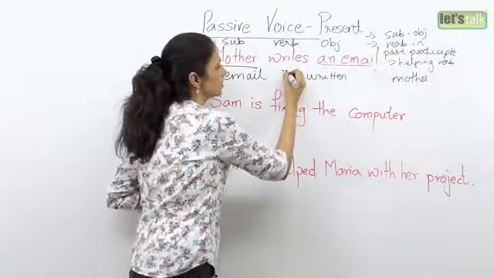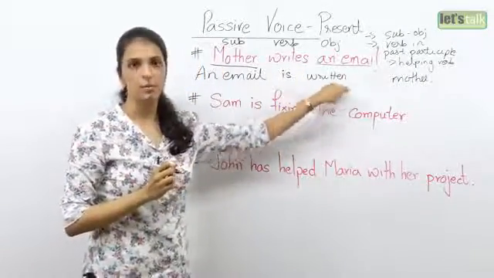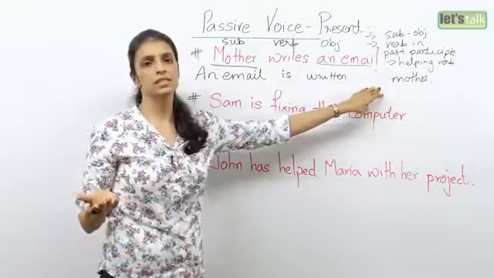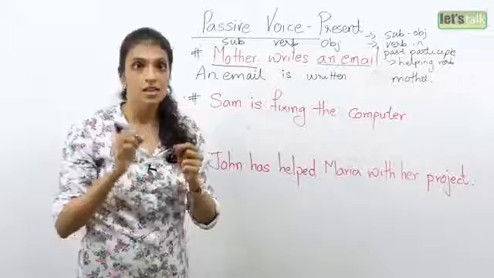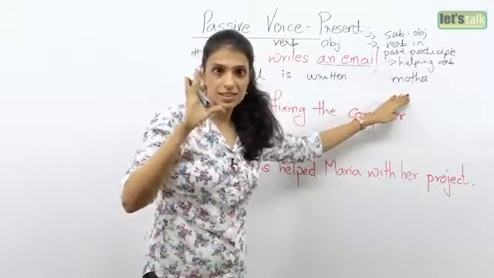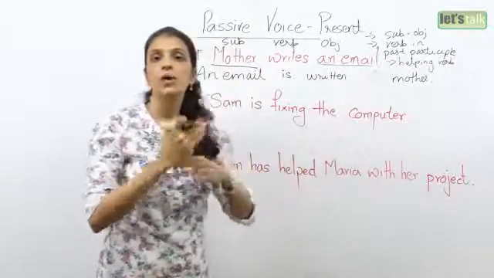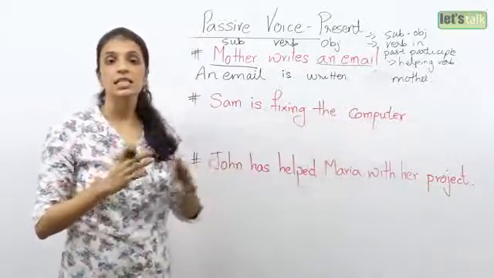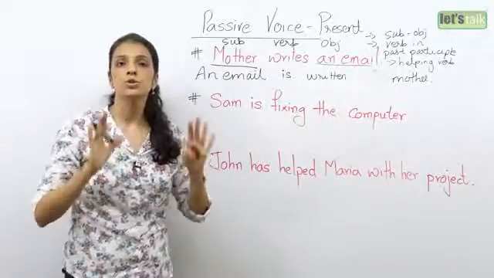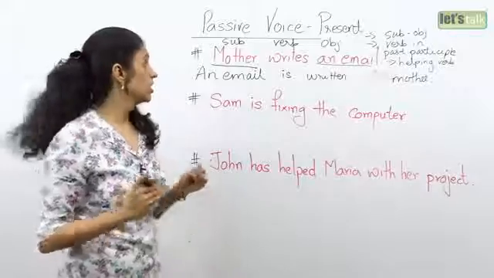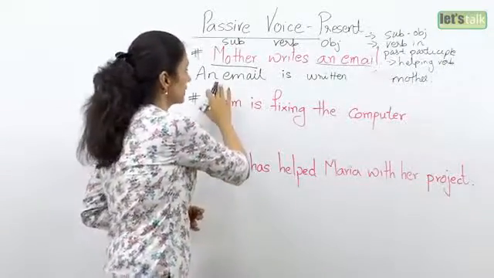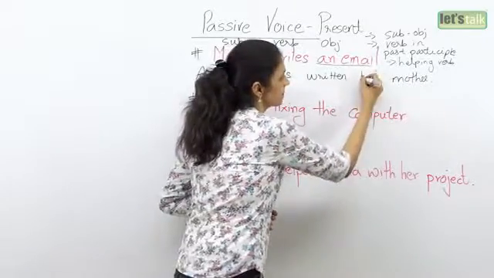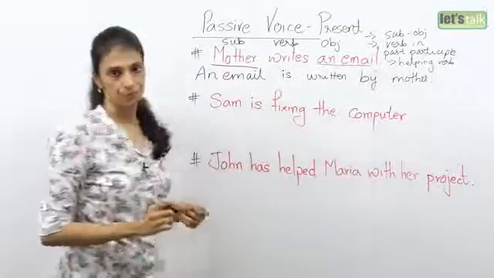An email is written. Mother doesn't make sense. So if I want to still maintain the doer of the subject, in this case it is the mother, even though I make it a passive voice, the doer of the action should not change. Okay, so to complete the sentence, I'm going to write an email is written by mother.